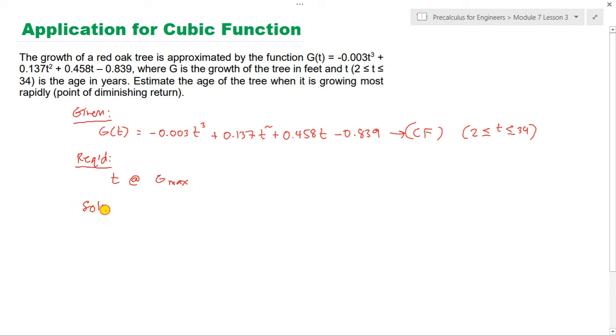Okay, solution. Since we want g max, to solve for g max we are going to find the maximum point of the cubic function g of t. So again, we're writing g of t, that is negative 0.003 t cubed plus 0.137 t squared plus 0.458 t minus 0.839.